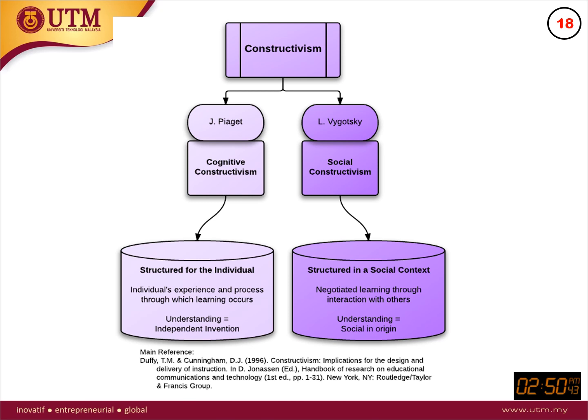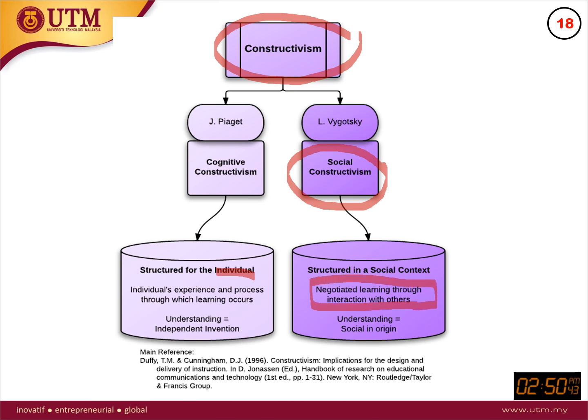But we need to consider that constructivism is divided into two types, which are cognitive constructivism, which is all about individual work, the student by himself or herself. On the other hand, there's social constructivism, which is all about interactions with others. So these are the main differences between these two types.